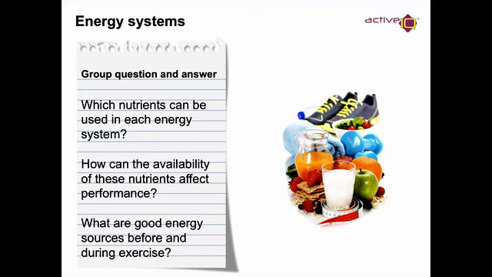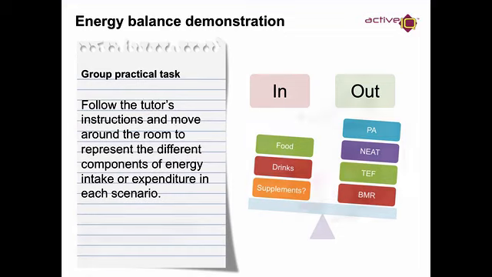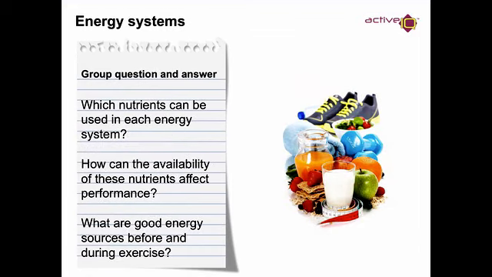So, if we think first of all about the aerobic system, as an example, we know that the aerobic system needs carbohydrate and fats going in and oxygen in order for energy to come out on the other side. Same thing with the lactate system.